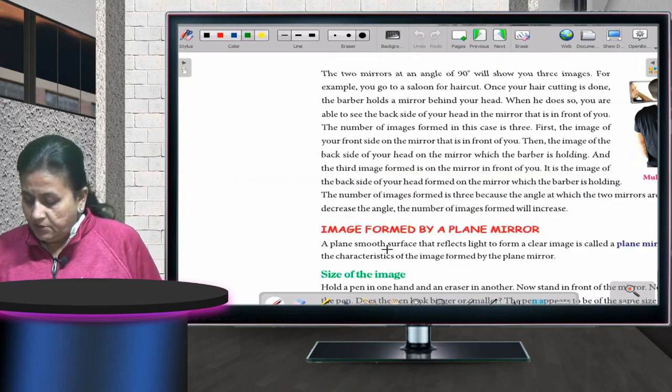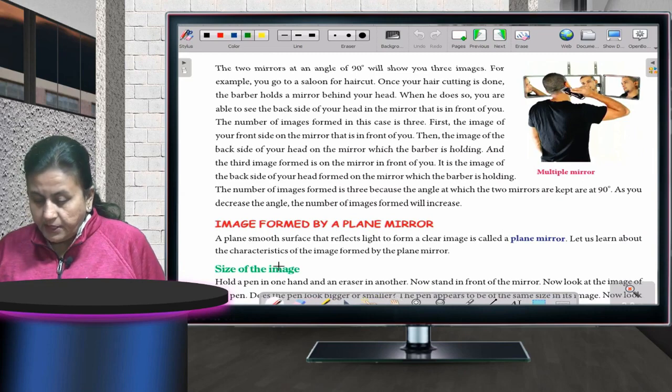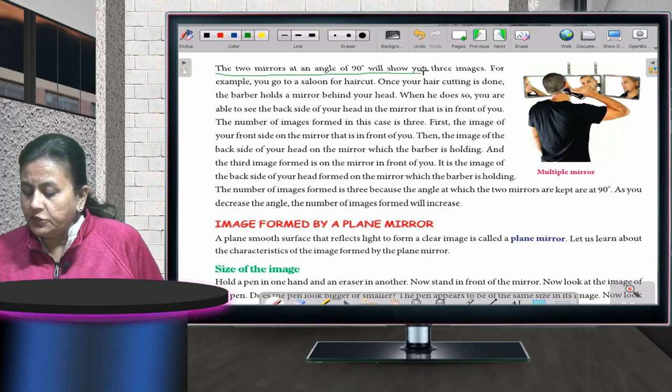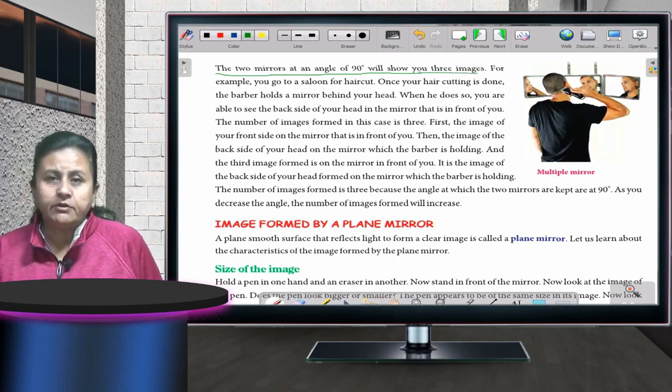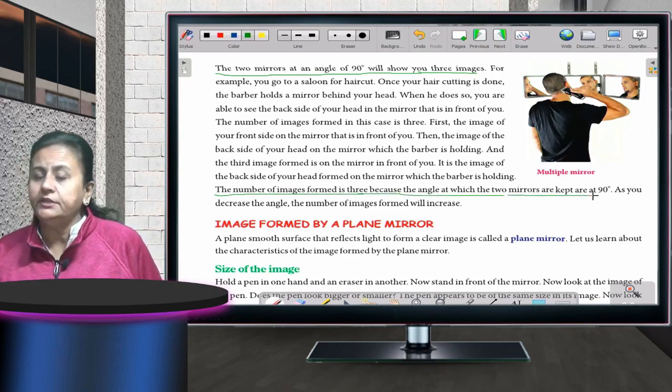I told you just now the 2 mirrors at an angle of 90 degrees will show you 3 images. Just now I gave you an example of the barber shop. So we can conclude with this: the number of images formed is 3 because the 2 mirrors are at 90 degrees.